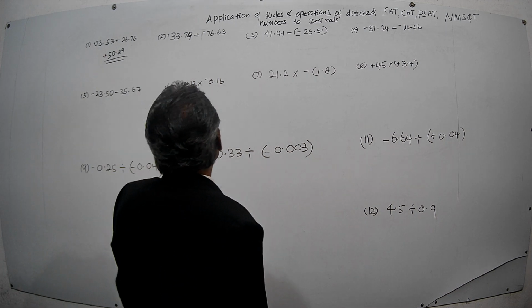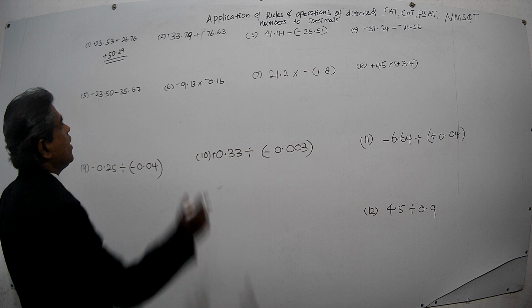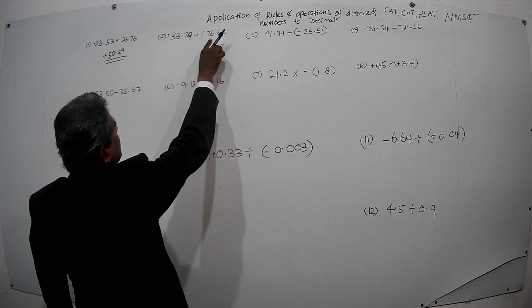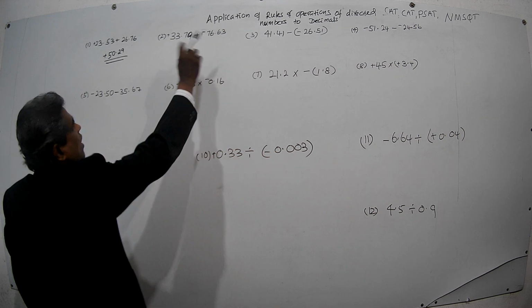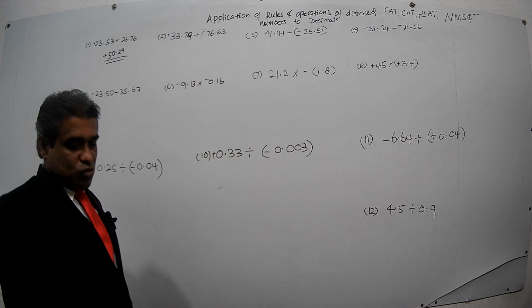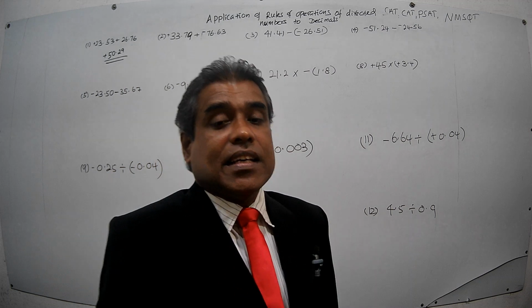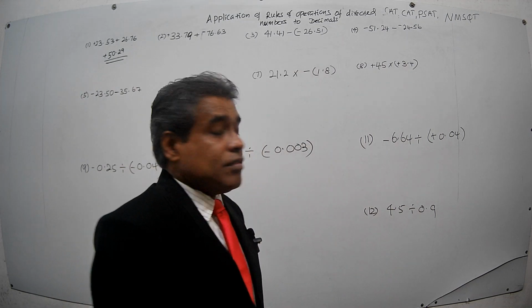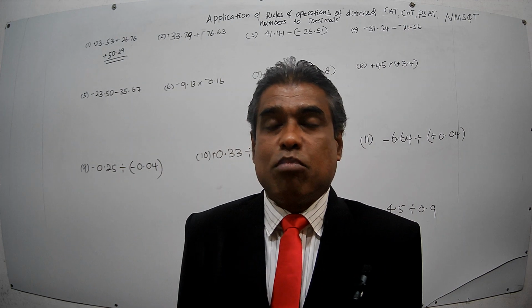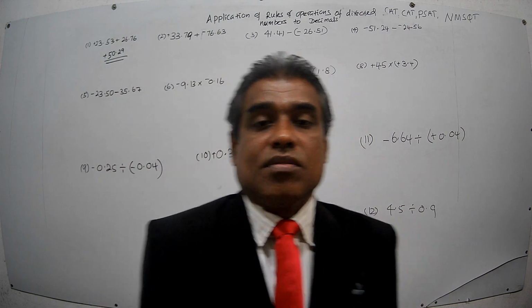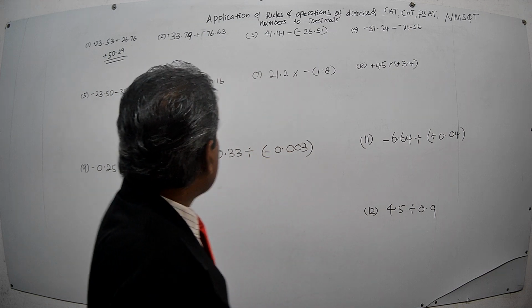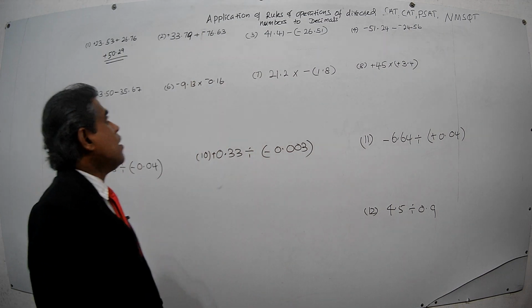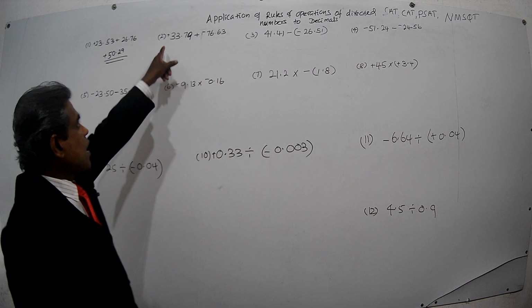In the second one, here plus 33.79 plus minus 76.6. When we discussed the examples of directed numbers in our video titled important examples of operations of directed numbers, we learned how to work with this kind of question.